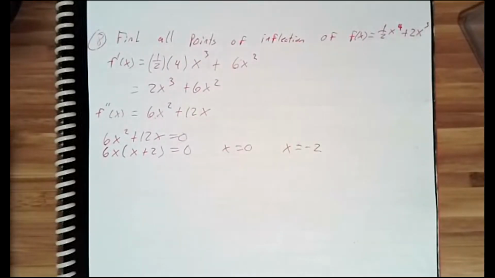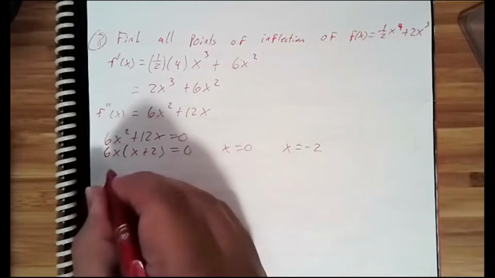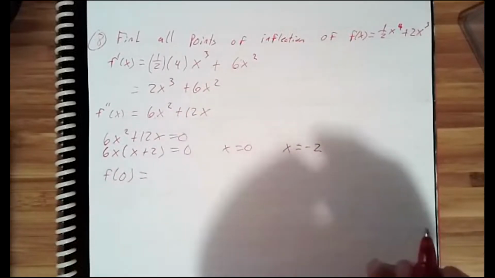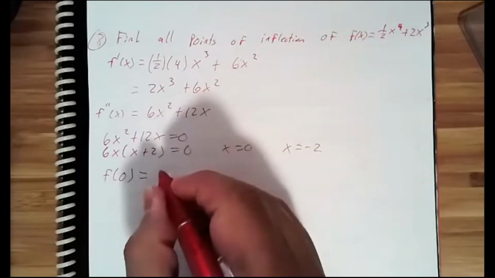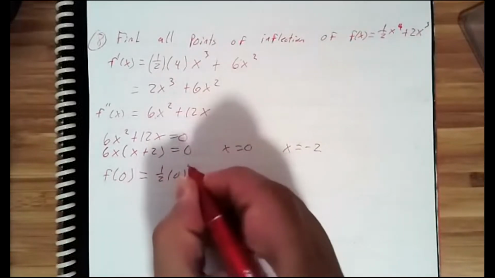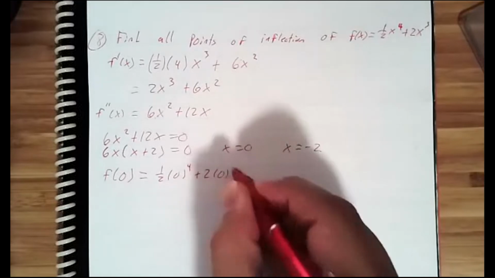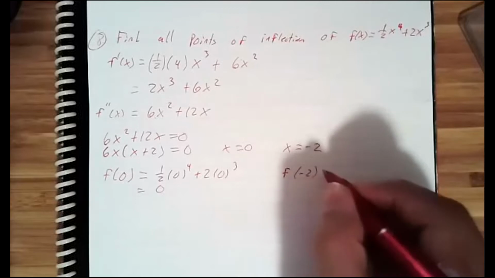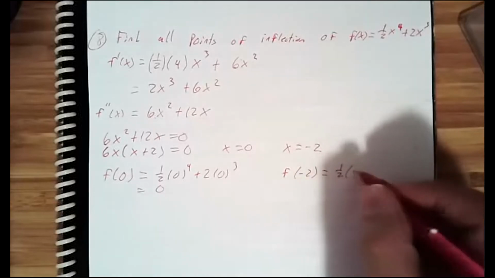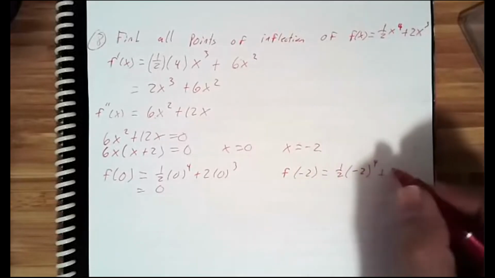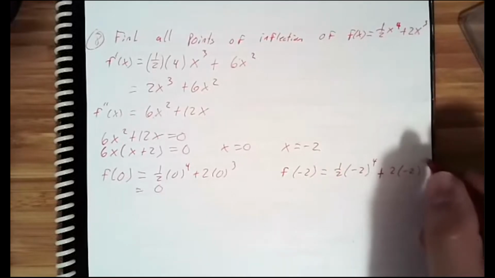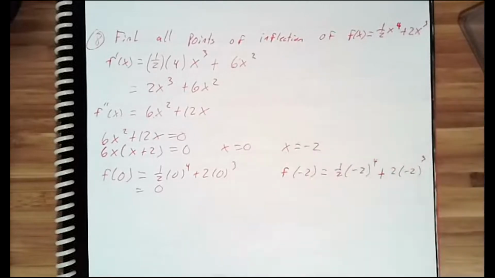Okay. So plug that into the original to get the points, because it says it wants the points. So we need the x and the y. F of 0 will be 1/2 times 0 to the 4th plus 2 times 0 cubed, which is 0. F of -2 is equal to 1/2 times -2 to the 4th and 2 times -2 cubed.